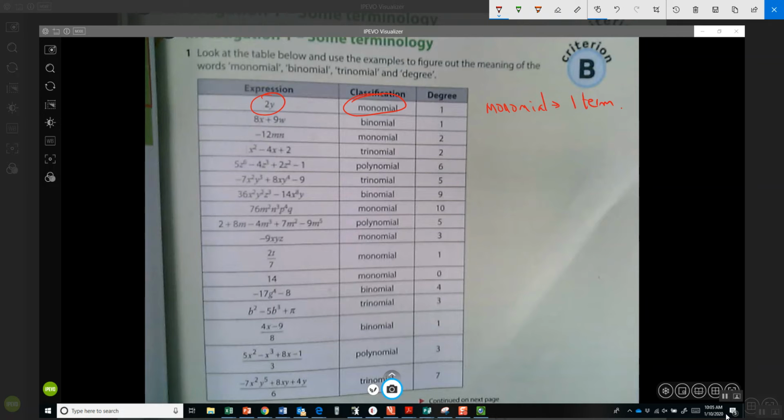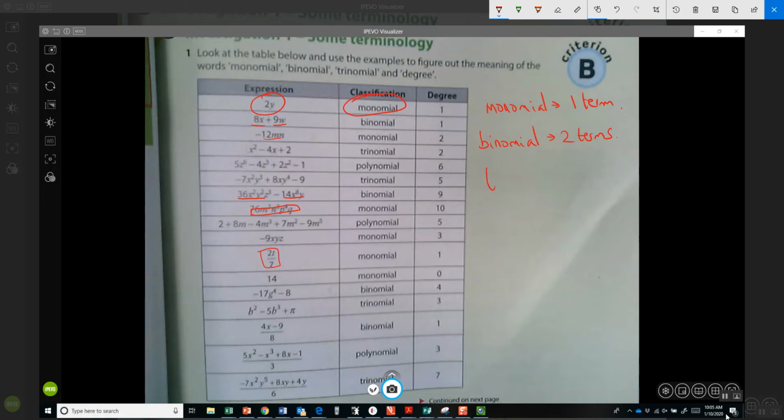We can see for each monomial we've got one term. There's another one, and yes, it's a pretty long term, but it is only one term. What about binomial? Binomial is 2 terms. 1, 2. Where's another one? Here, we've got 1 term, 2 terms. Good, binomial is 2 terms.